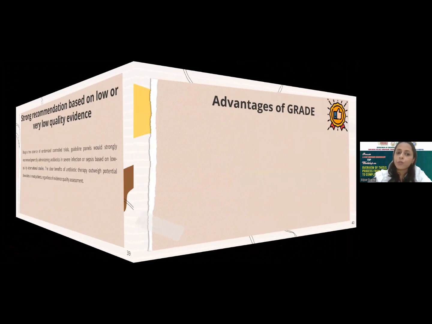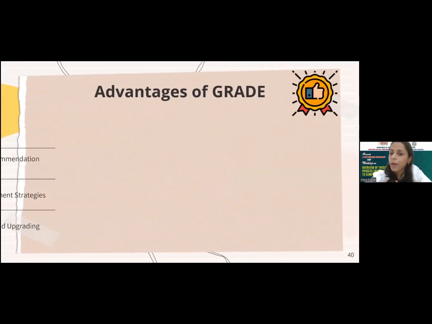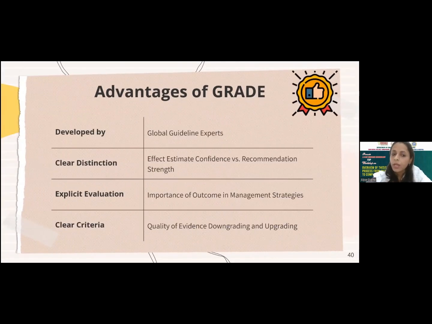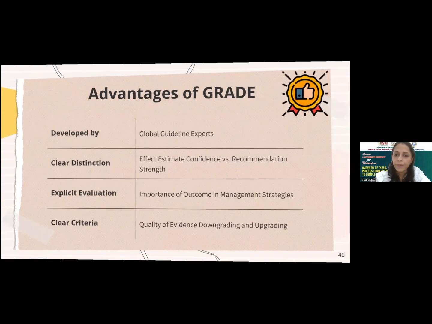So, advantages of GRADE. GRADE is developed by global guideline experts. It gives you a clear distinction between the estimate of confidence and the strength of recommendation. It tells you about the importance of various outcomes in making the decision. It tells you the clear-cut criteria or the factors which can downgrade or upgrade your quality of evidence.